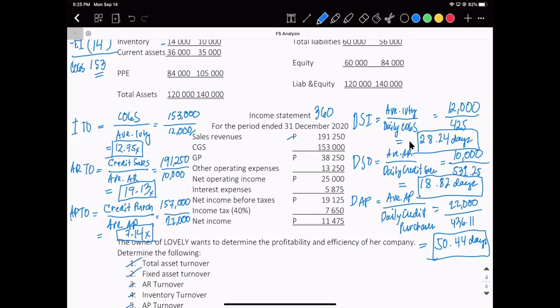So again, for turnover, 12.75 times nabenta yung inventories. Okay, pero sa days, it takes 28 days bago siya mabenta. Actually, pag minultiply mo tong dalawa, dapat ang lalabas ay 360 days.